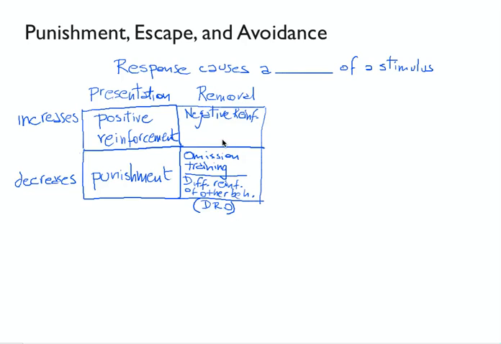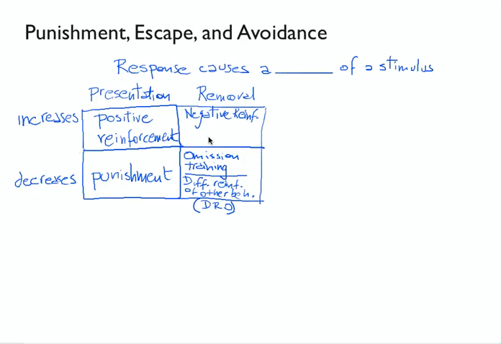By the way, oftentimes, as you may guess, people refer to omission training and DRO as negative punishment. That's not very common, but I suppose it's valid given their position in the matrix.